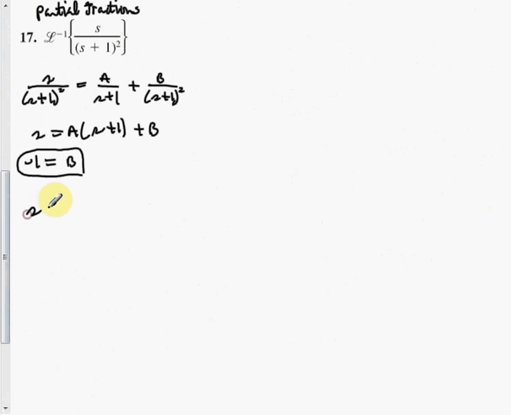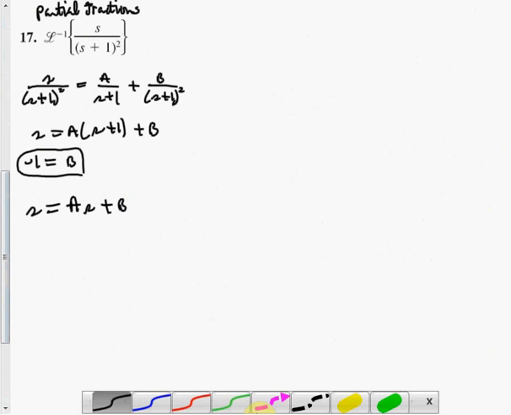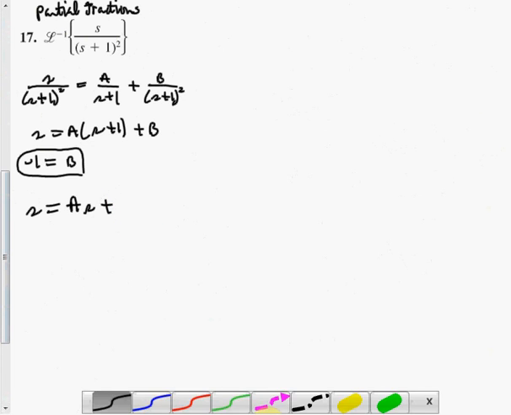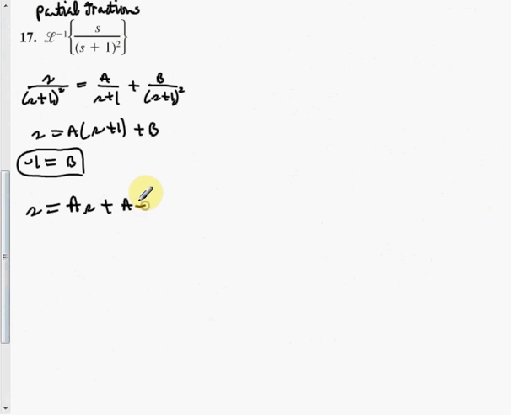Right, so this is s is equal to As plus A plus B. All right. This is 1 times s is equal to A times s.